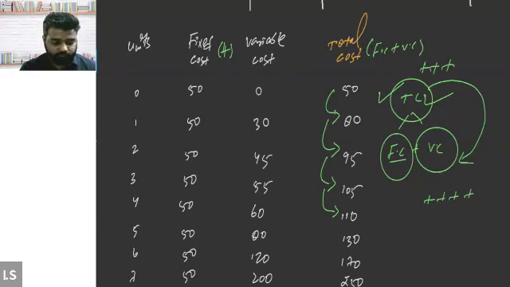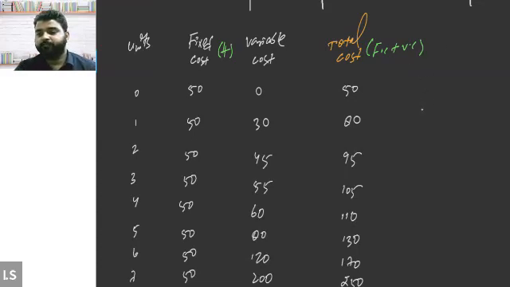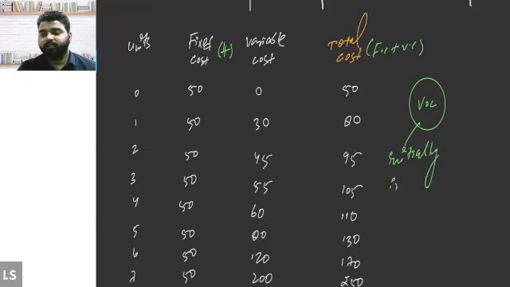And now you will notice one more interesting thing about total cost, that total cost is behaving exactly the same as the variable cost. In the last session I have told you that it initially increases, right? At what rate does it increase?